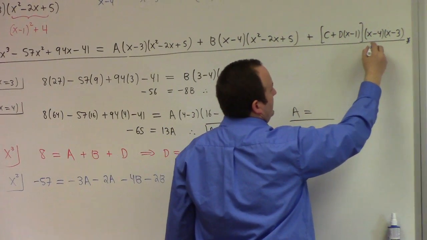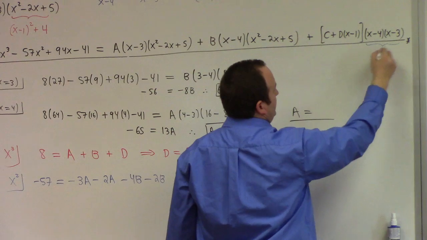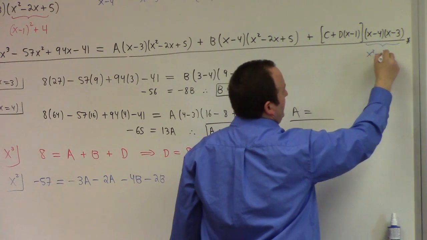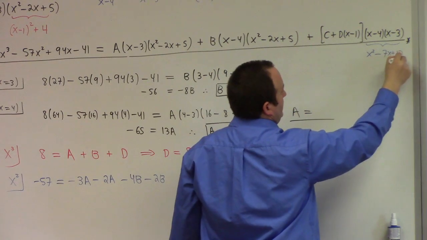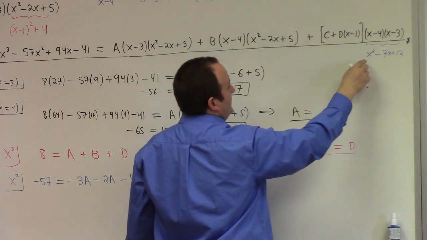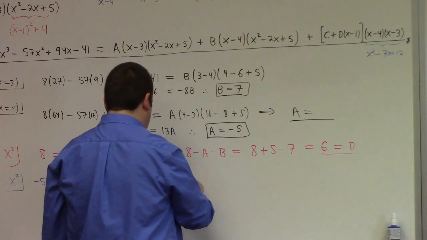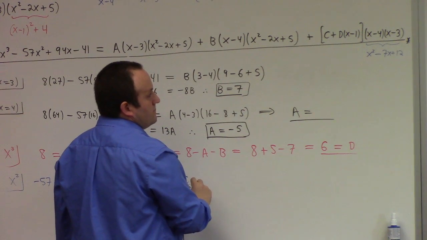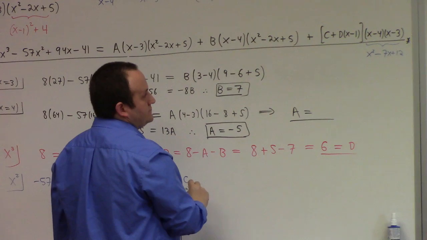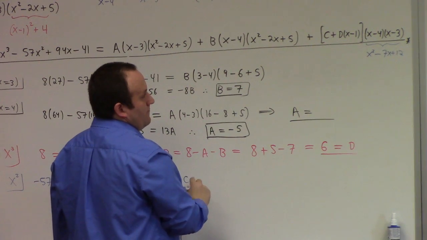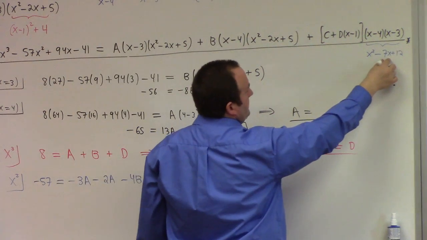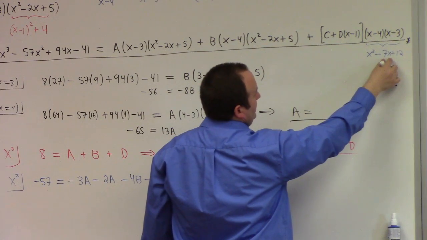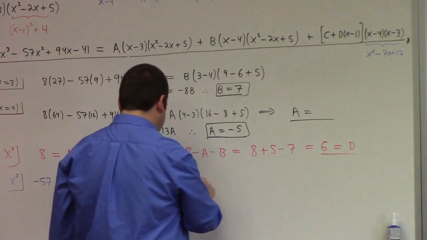Yeah, it's probably helpful here if I multiply this back out. This is x squared. Multiply it out for the first time. Minus 7x, right? Plus 12. So you got, like you said, plus c, right? Then what? Minus 7d, right?